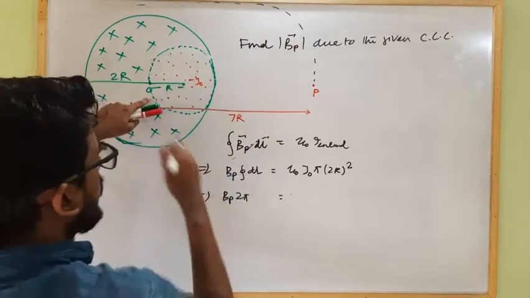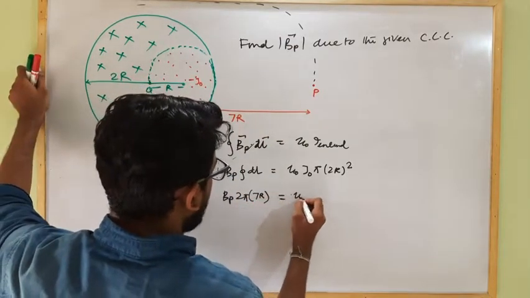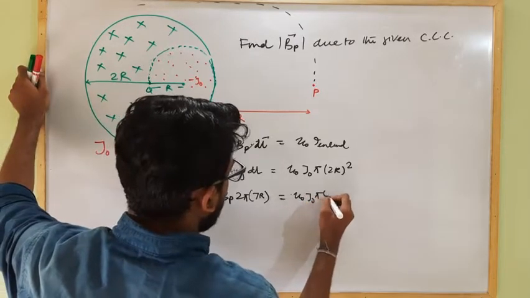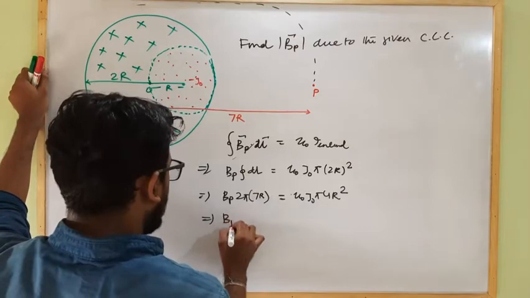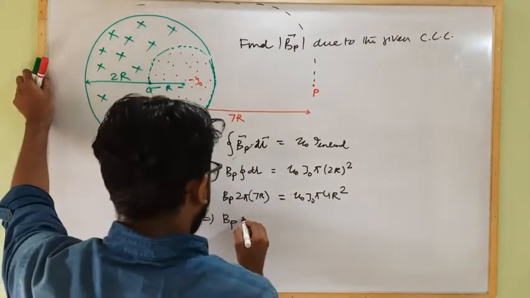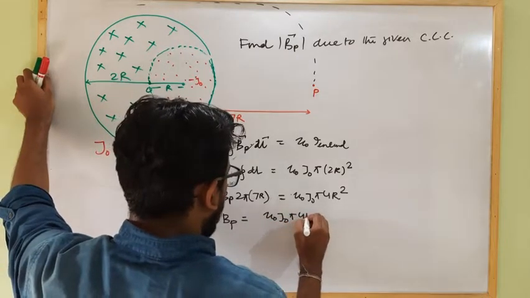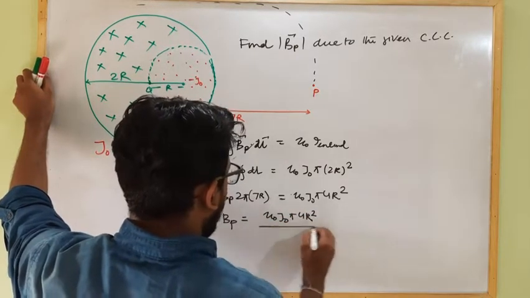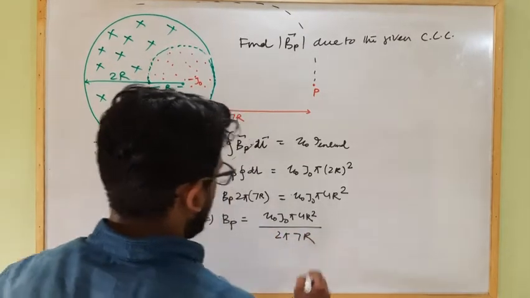So the complete length will be 2 pi into 7r, which is equal to mu naught J naught pi into 4r square. So from this we can calculate the magnetic field strength B at P due to the complete current carrying conductor. It will be mu naught J naught pi 4r square divided by 2 pi 7r.